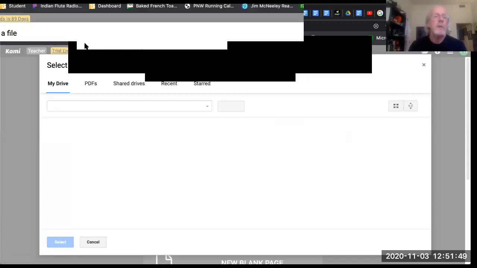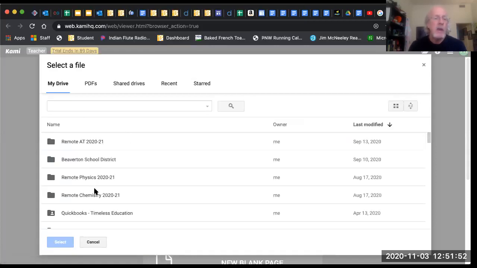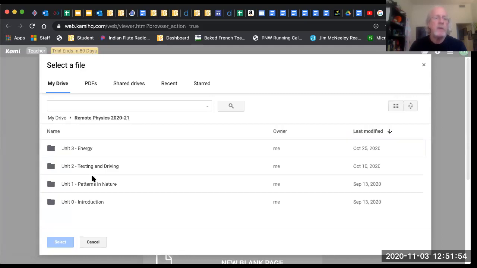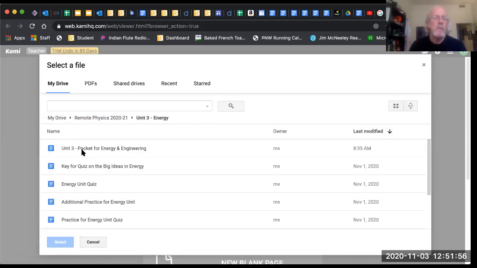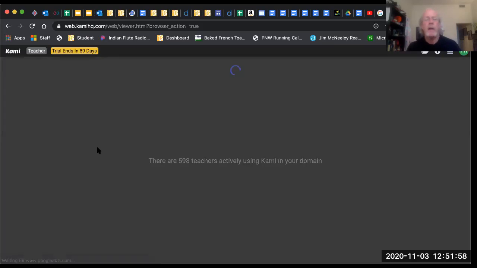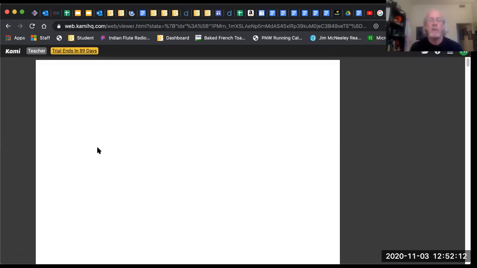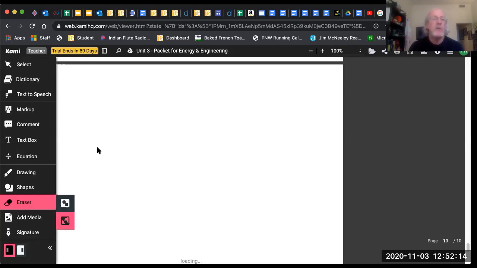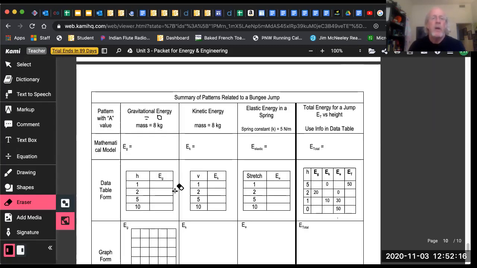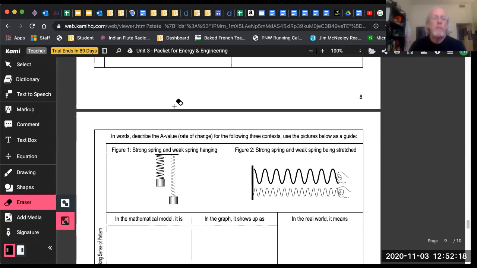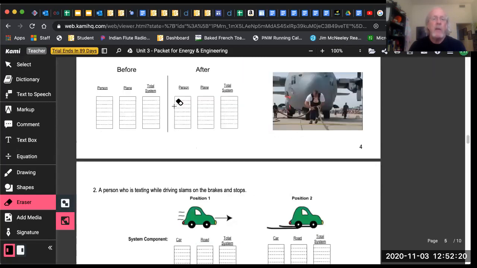When you do Kami, you have to wait a little bit for the document to open up. But once it's open, it lets you draw, highlight, leave verbal comments, and do lots of different things.